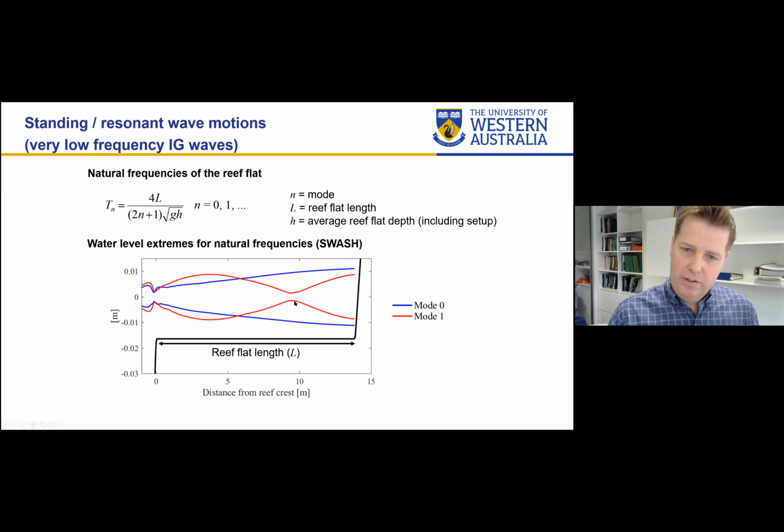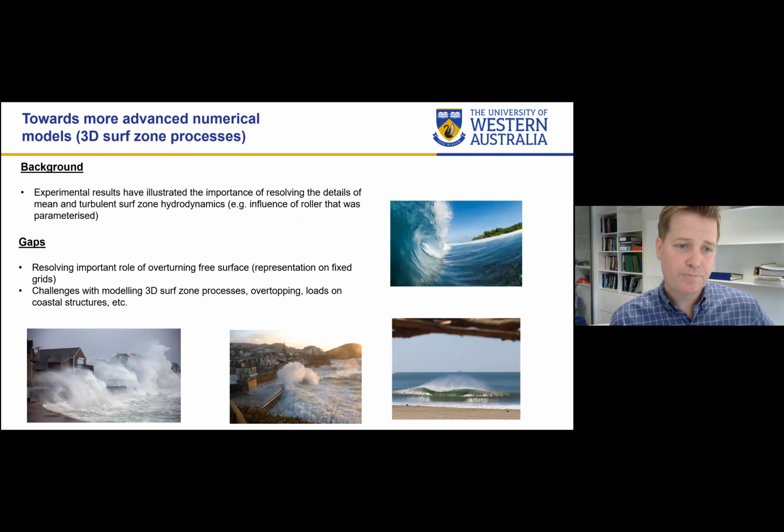And then this is the mode 1, where we get a node here. So it's basically these low frequency motions that are being excited and are contributing to wave runup. On a lot of these reef coastlines, again, we see wave setup being important, and also these low frequency wave motions.